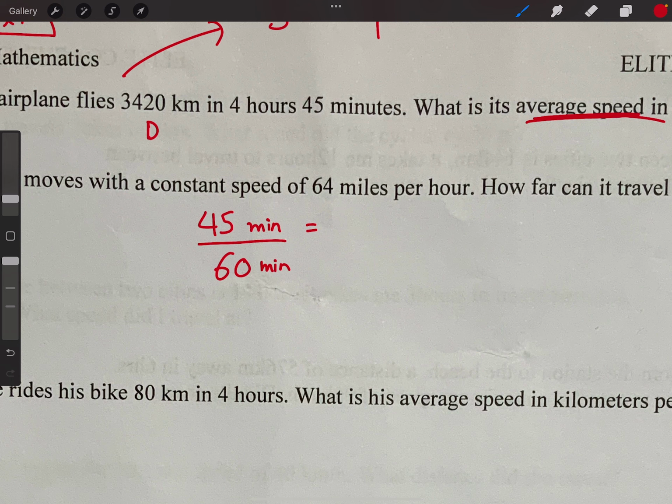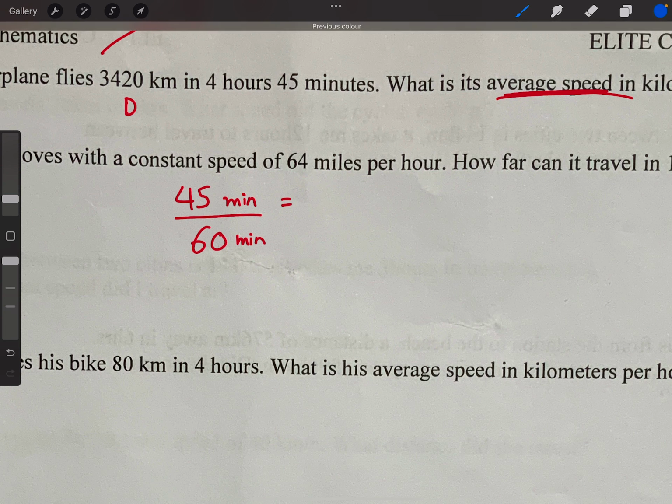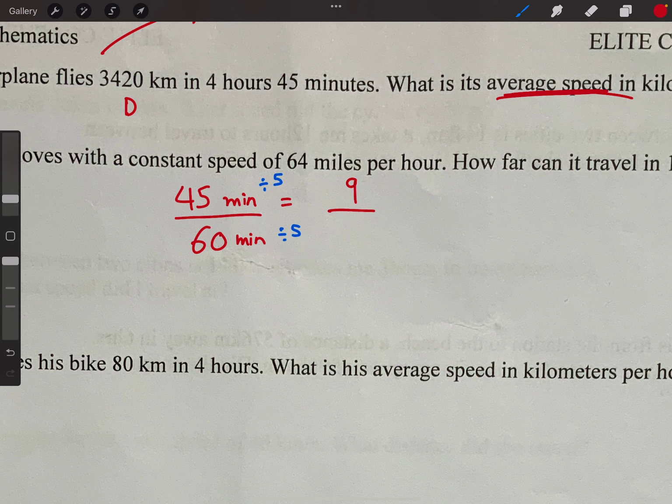See what fraction this 45 minutes represents. We can divide top and bottom by 5, and I'll get 9 over 12. And now I can divide this by 3, divide this by 3, and I will get 3 over 4.